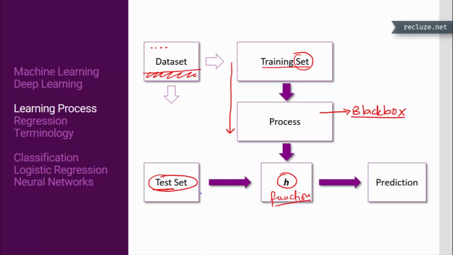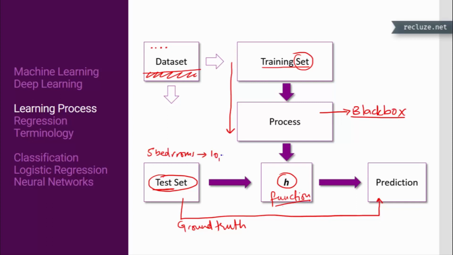Now, we compare this prediction with our real values, the values that we know are true. Those are called ground truths. A ground truth is the value that we know to be true. For instance, I can say that a house that has 5 bedrooms goes for $10,000.